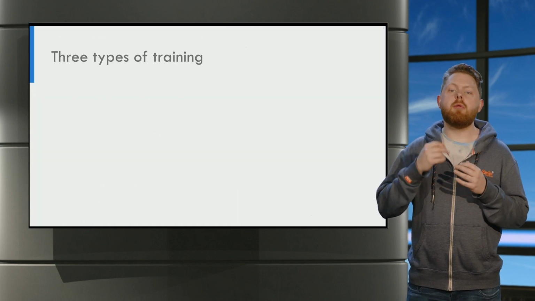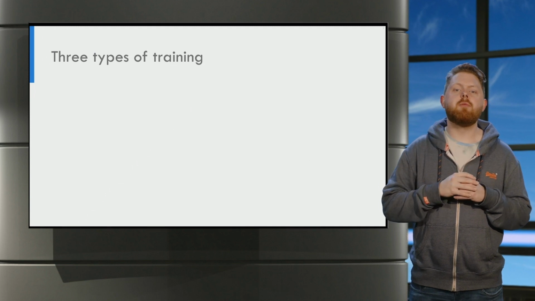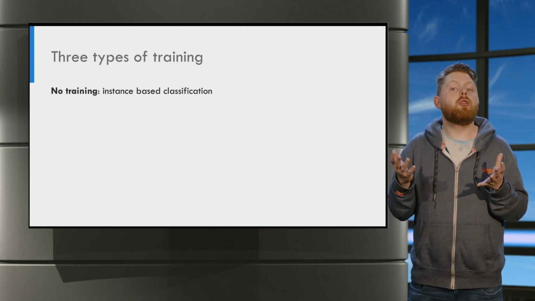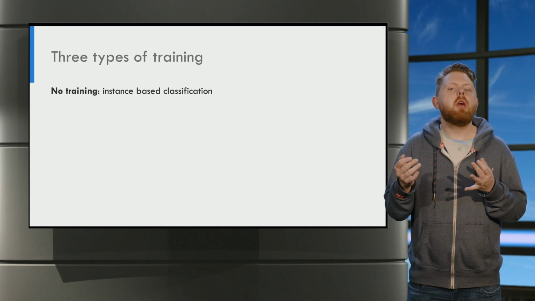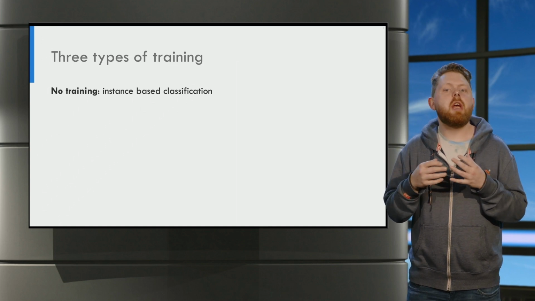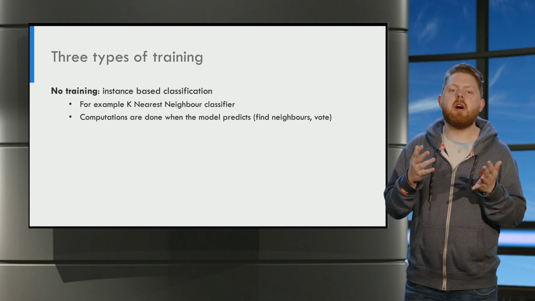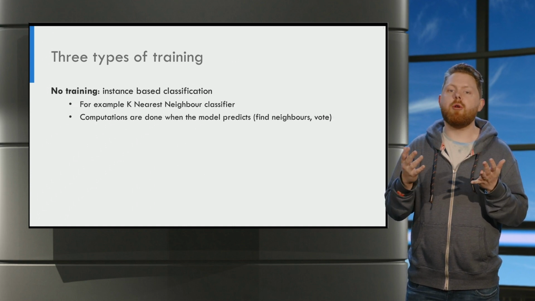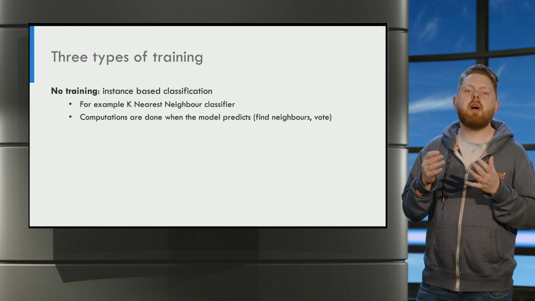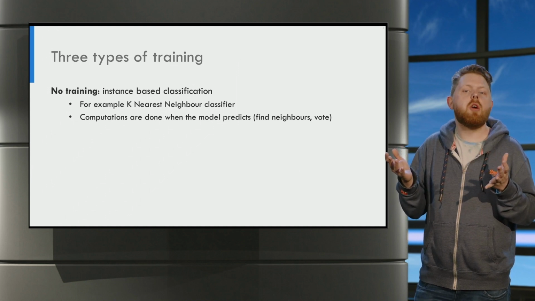First, we describe three types of training procedures. Some models don't need any training at all. These methods use instance-based learning. The k-nearest neighbor classifier is an example of such an approach. This classifier doesn't have a clear training phase.